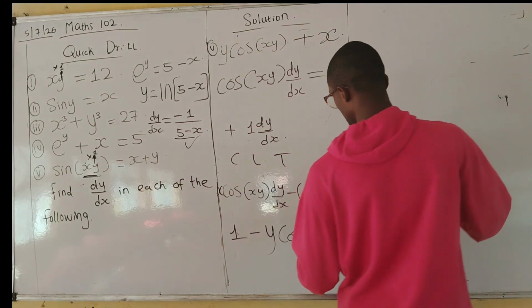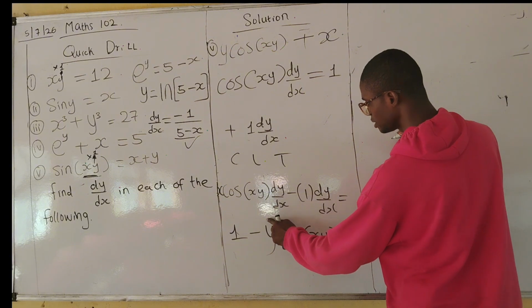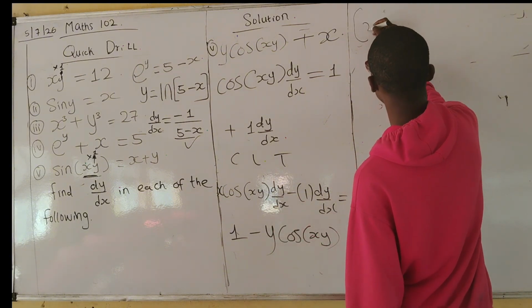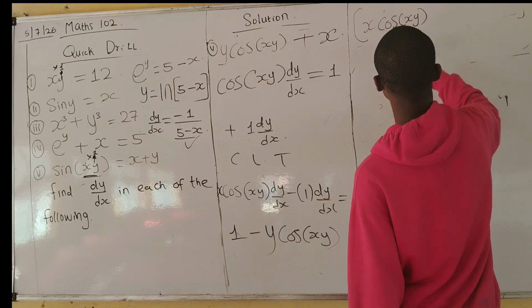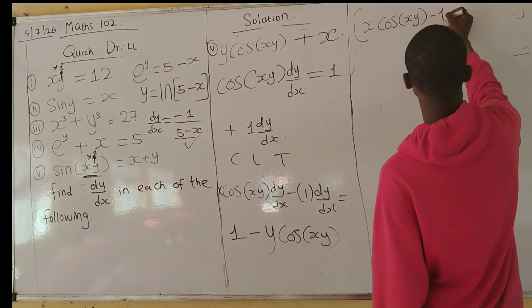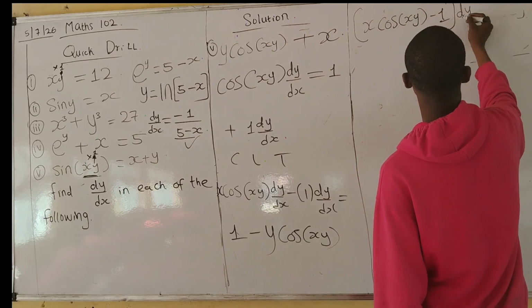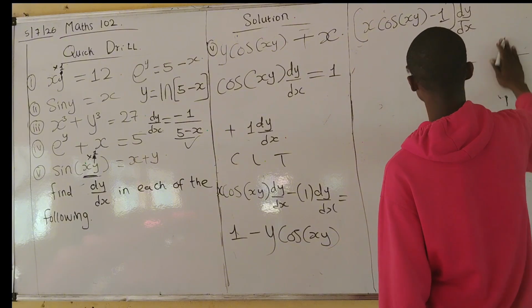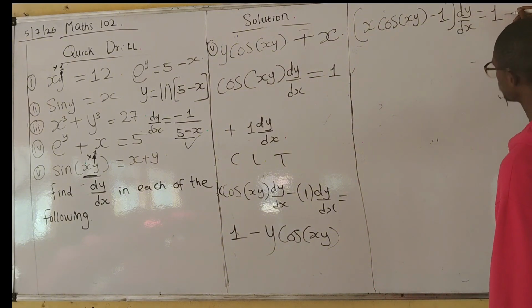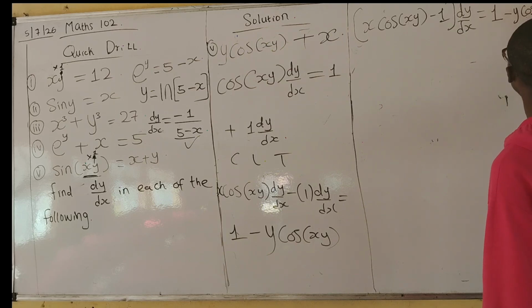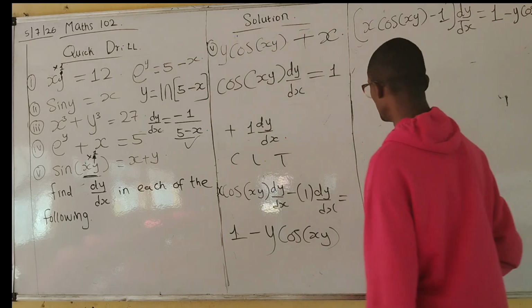No. So here now, since this has dy dx, this has dy dx, I can bring them together and factor out dy dx to have x cos x y minus 1 into dy dx. Everything is equal to 1 minus y cos x y.